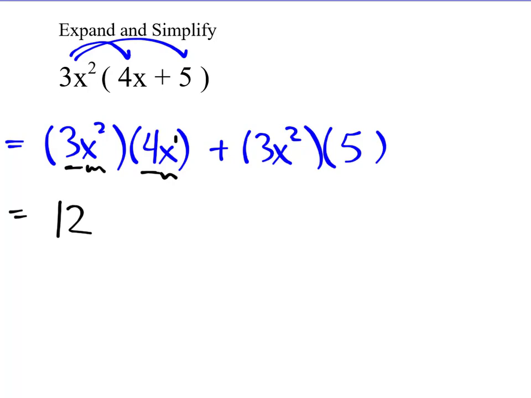So when I multiply powers, I have to add the exponents. So that becomes x cubed. And then I have 3 times 5 over here for 15. And then x squared times, there's nothing else to multiply with the x squared, so it just stays an x squared. I check to see these are not like terms. I can't go any further.